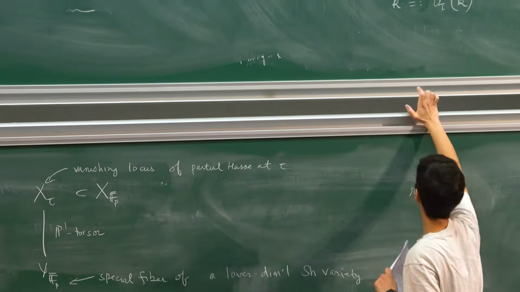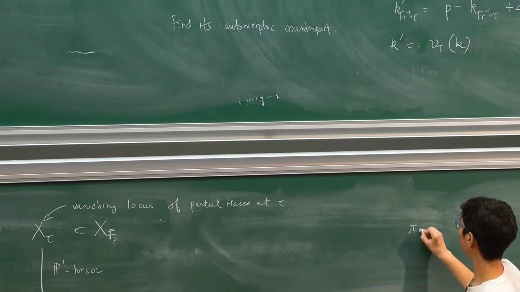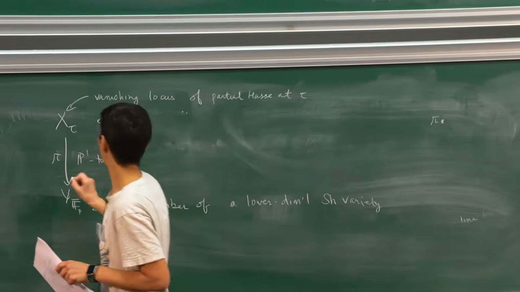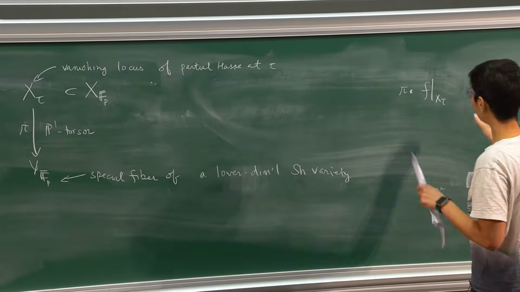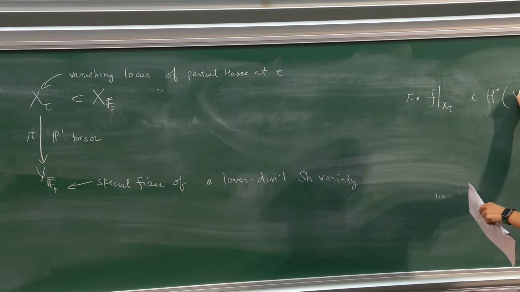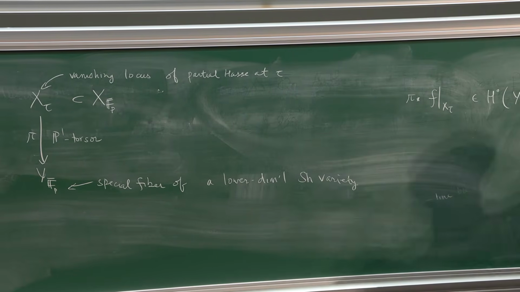Okay, so if you look at the push forward under this map, pi, of the restriction of f to x tau, then this lives inside the degree 0 cohomology of this y fp bar, the special fiber of a lower dimensional Shimura variety.